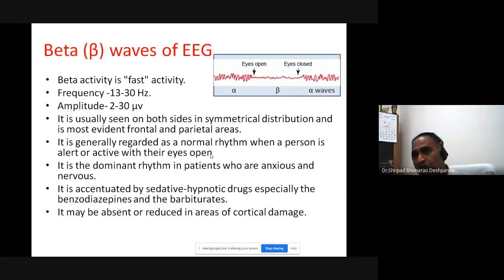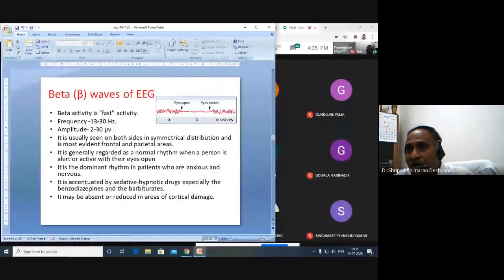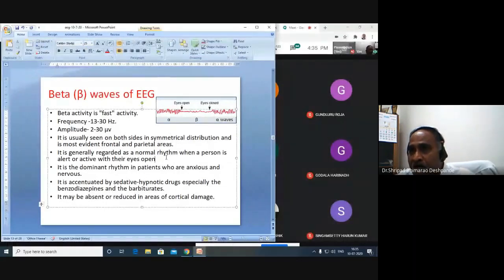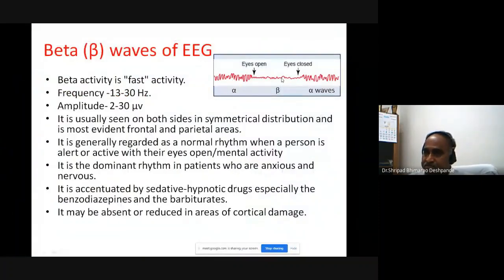So all those: eyes open, or doing mental activity. So when you have that type of situation, you get the beta rhythm.